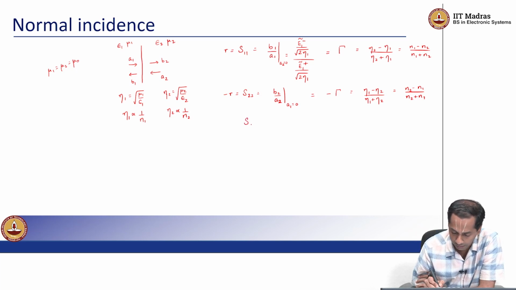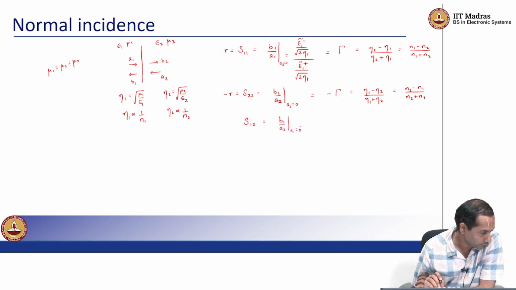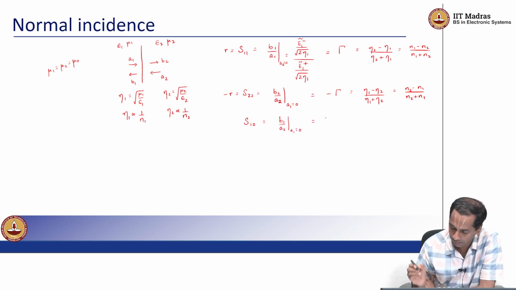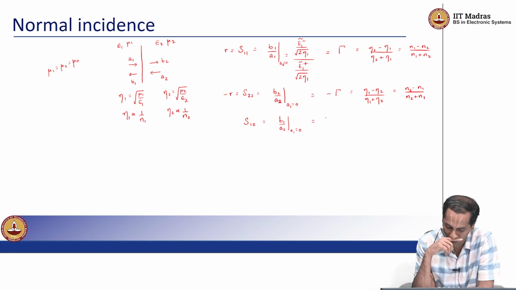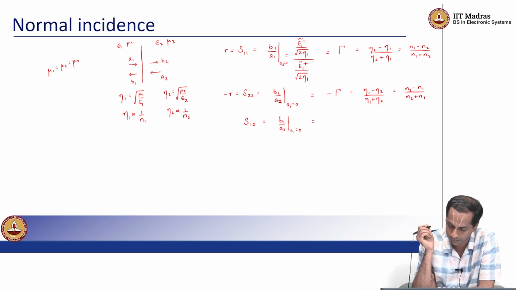Okay, then we have S12, which is B1 by A2 given A1 is 0. Okay, so this time I am launching a wave from medium 2 and I am asking how much is getting transmitted through, right?